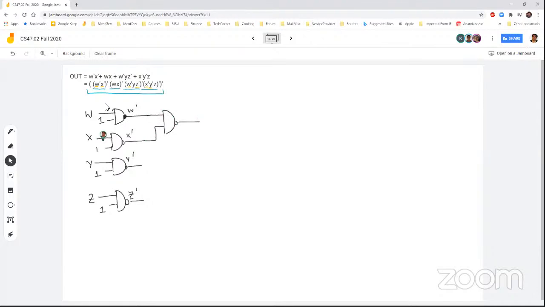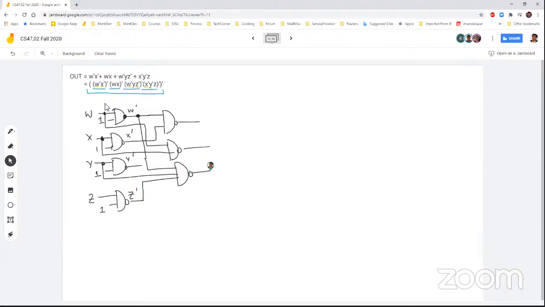So we use another NAND there. And then we have W bar Y Z bar.